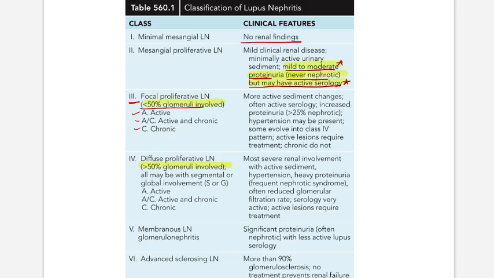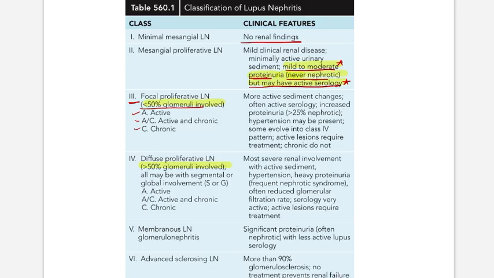Let's see the clinical features of this disease. There are more active sediment changes, often active serology, and increased proteinuria; more than 25% is nephrotic. Hypertension may be present. Some evolve into a class 4 pattern. Active lesions require treatment, chronic do not. So this is very important, we'll highlight this statement also.